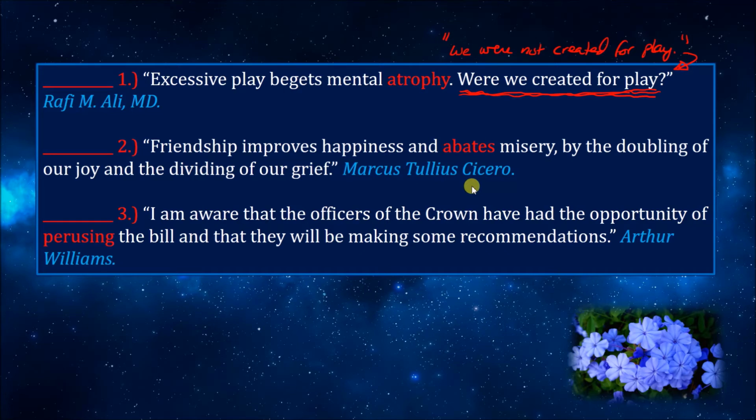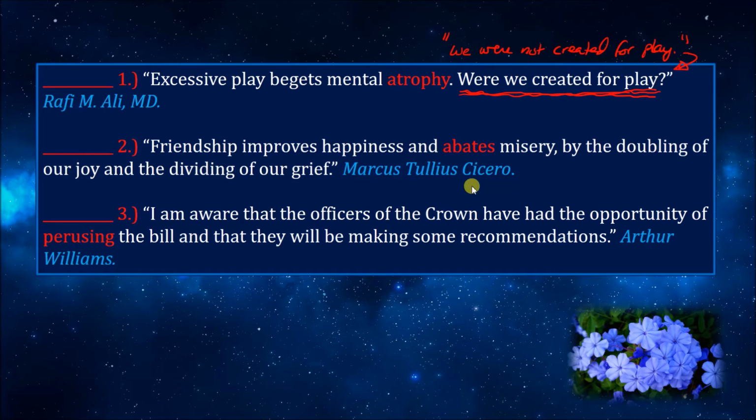First, it makes everything that's happy happier when we share our joy. And it makes misery more bearable. Friendship improves happiness and abates, or decreases, misery by doubling of our joy and dividing of our grief. It's a beautiful statement.